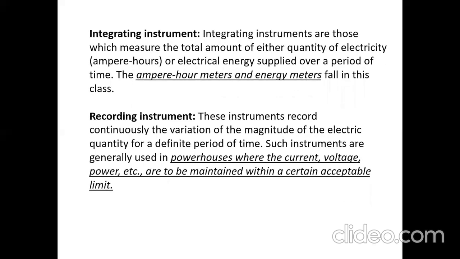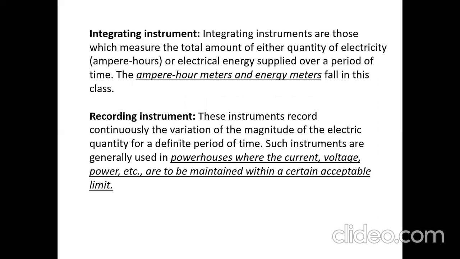Again, your integrating instrument. Integrating instruments are those which measure the total amount of either quantity of electricity or electrical energy supplied over a period of time. That is, the ampere hour meter and energy meter fall in this class.